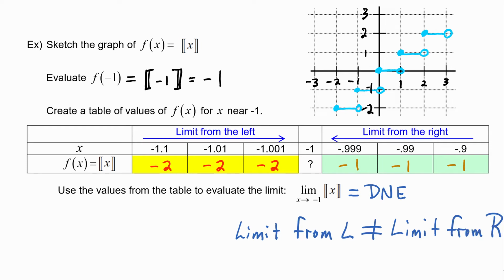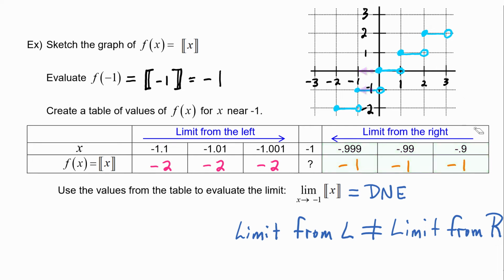Now let's make sure you understand how this relates to the graph. As x approaches -1 from the left, all the y values are at -2, which is what this table of values is telling us. As x approaches -1 from the right, all of the y values are at -1. That's what this is telling us.